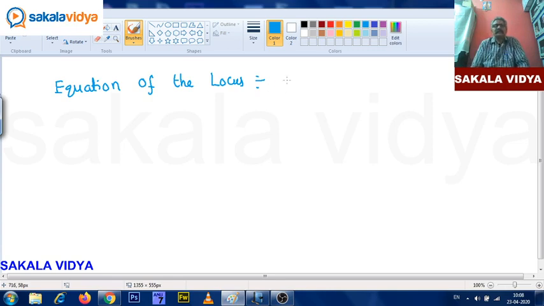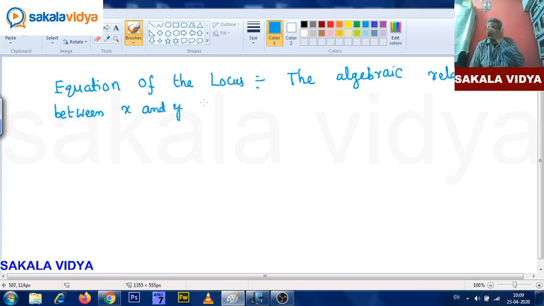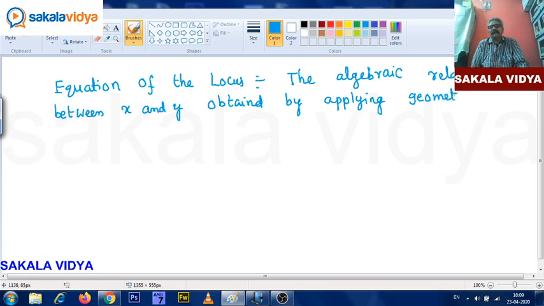The equation of the locus is the algebraic relation between the coordinates of the moving point, generally you can say x comma y, between x and y, obtained by applying geometric conditions. This is called the equation of locus.